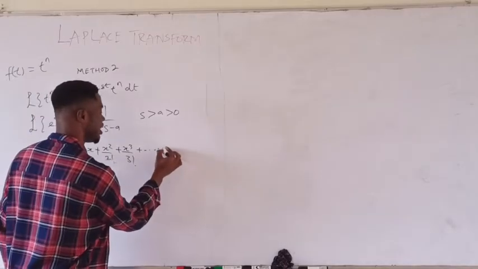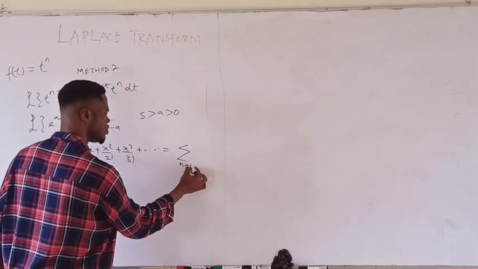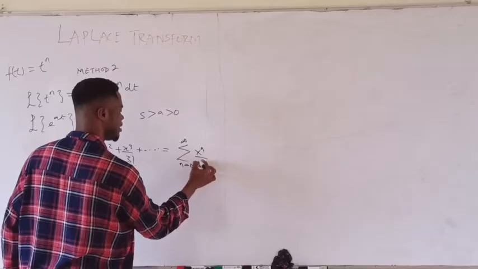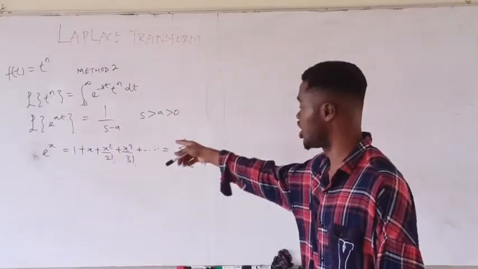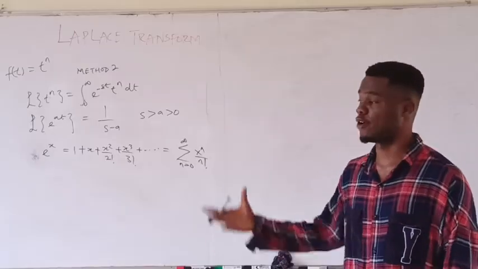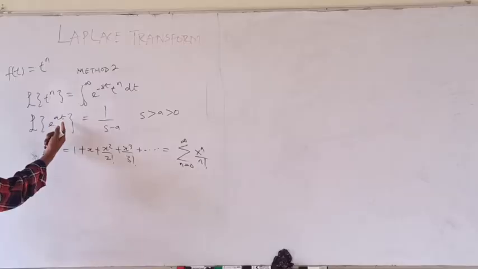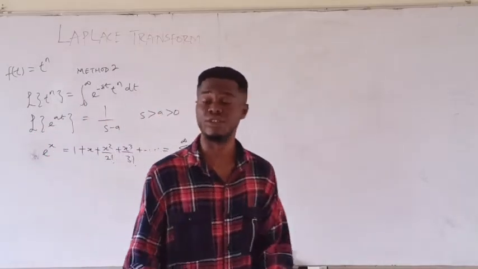And this exponential is equal to the summation of n equal to 0 to infinity of x raised to the power of n divided by n factorial. So this is the value of the exponential of x, right, from the Taylor-Maclaurin series. Using that same knowledge, I want to represent the exponential of at in the form of the Maclaurin series.